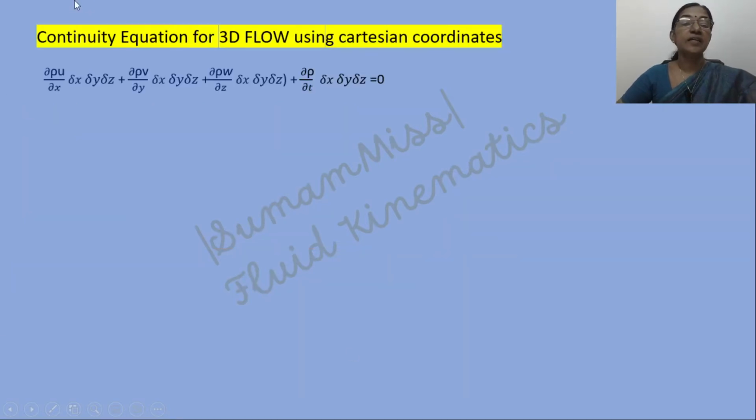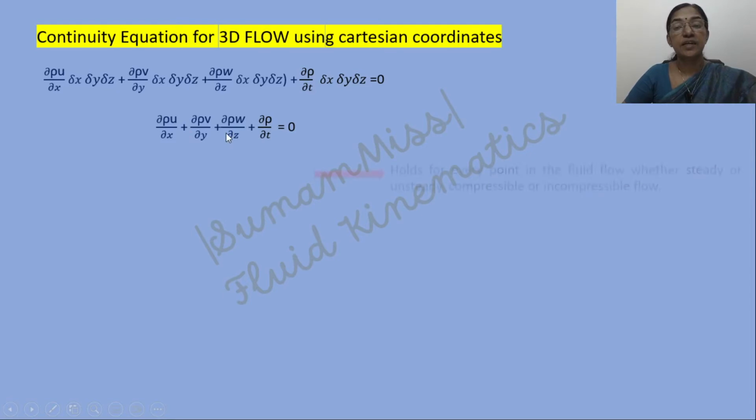If we eliminate the common terms, Δx Δy Δz, then the final expression is ∂(ρu)/∂x plus ∂(ρv)/∂y plus ∂(ρw)/∂z plus ∂ρ/∂t equal to 0.